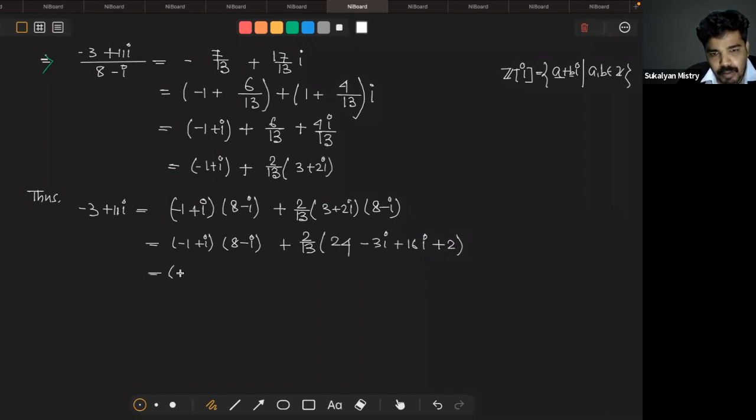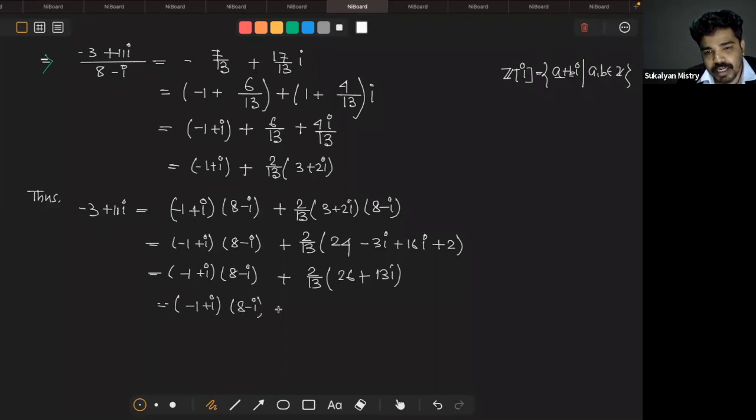So -1 plus i into 8 minus i plus 2/13, 24 plus 2 that is 26, 26 plus 16i minus 3i, that is plus 13i, দেখো 13টা দিন ক্যান্সেল হয়ে যাবে, so that means ultimately what we get, -1 plus i into 8 minus i plus 4 plus 2i.